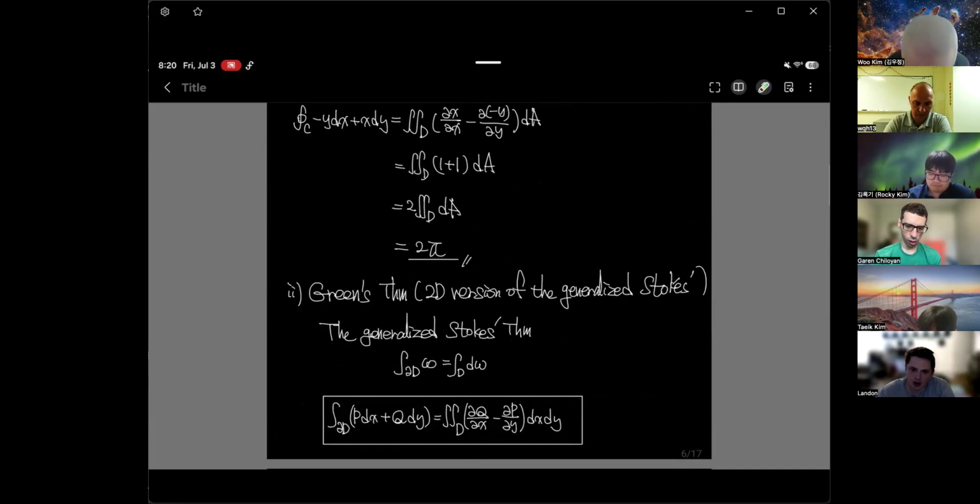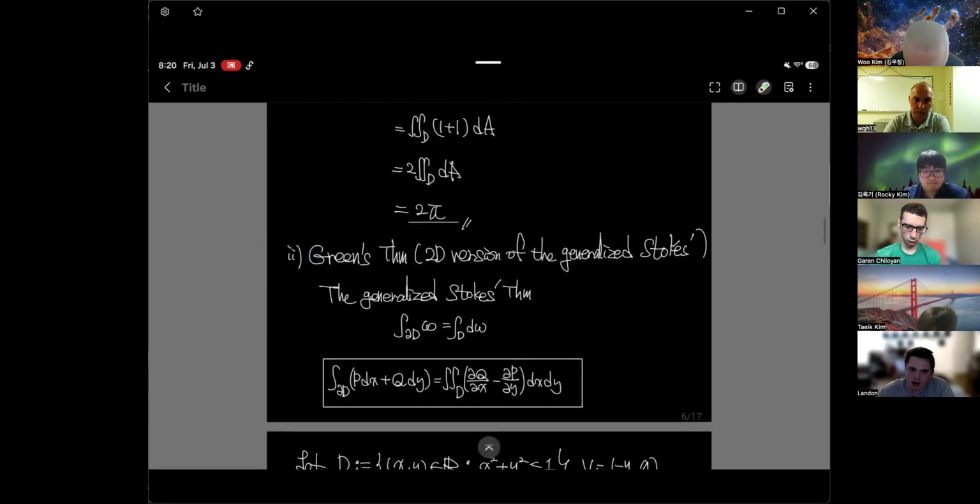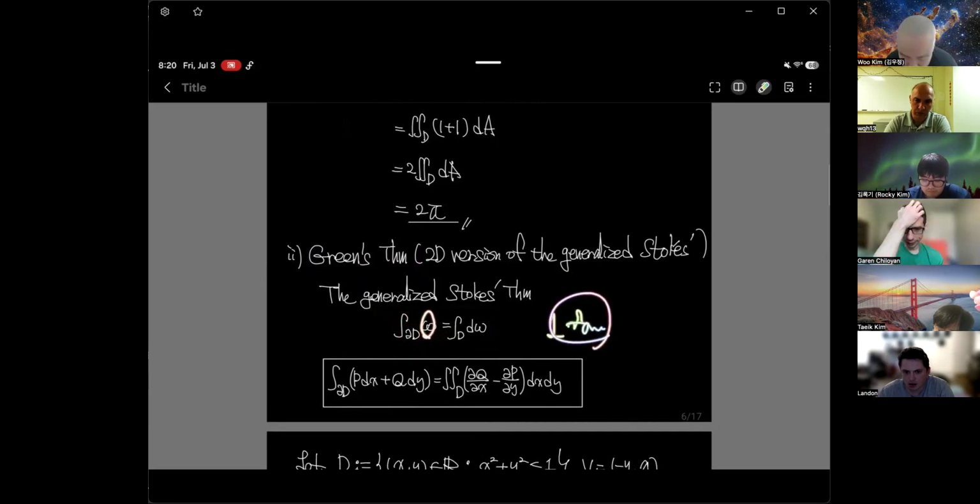So I just tried this one, Green's theorem as the 2D version of the generalized Stokes theorem. The generalized Stokes theorem, as far as I know, goes like this way. If we have the integral of curly d of omega, in here this omega means a one-form.